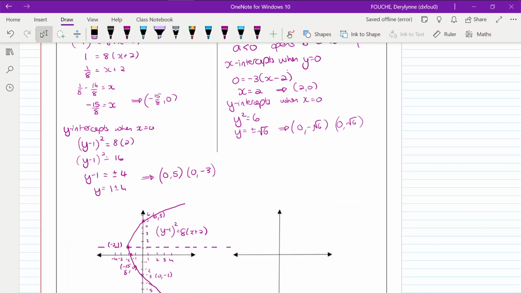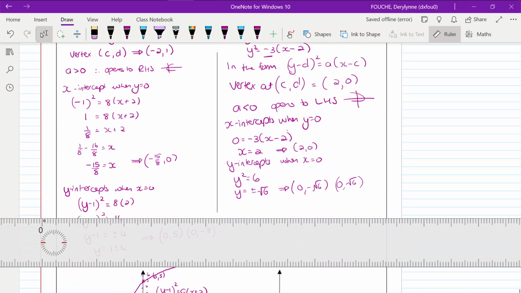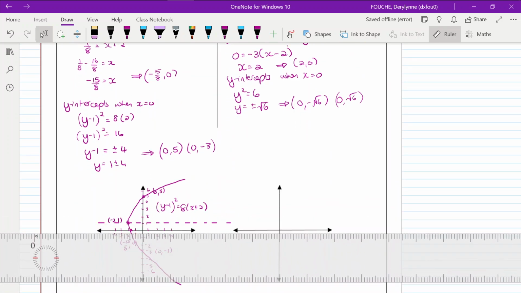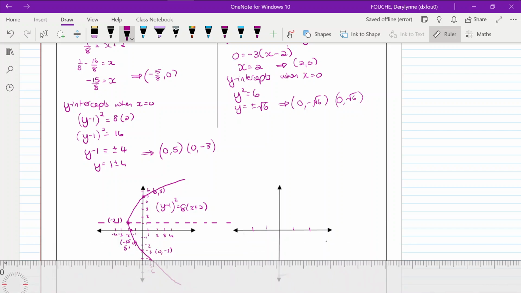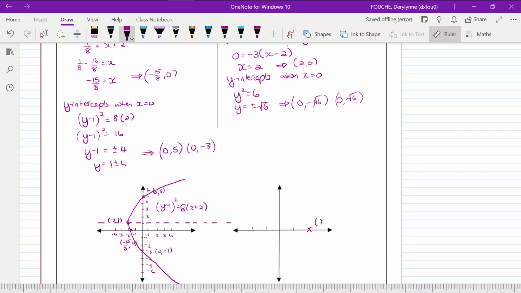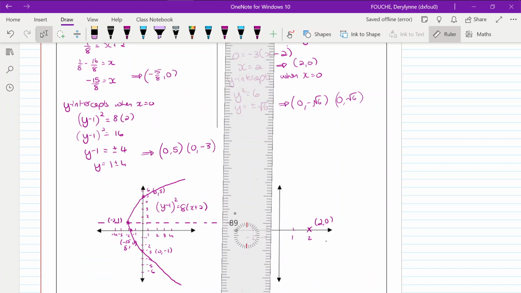Okay, let's sketch it, and then don't forget we need to look at our domain and range for both of these. So we have a vertex at 2 and 0. And square root of 6 is somewhere between 2 and 3.